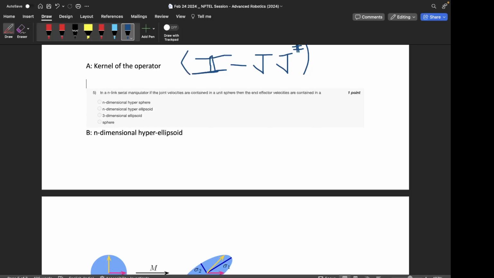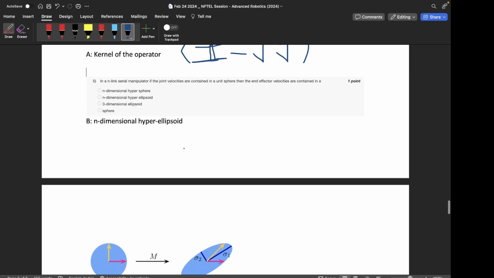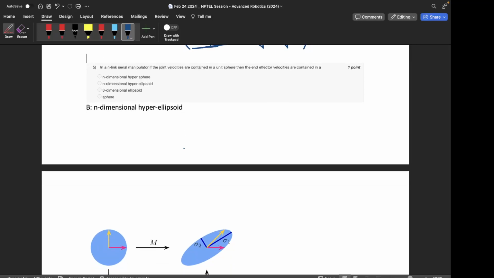The locus of the endpoint of that vector is a circle. And the same is true in higher dimensions. Imagine the 2D space. Your joint velocity vector, that is the vector containing theta 1 dot and theta 2 dot, has its end point moving along a circle, right?